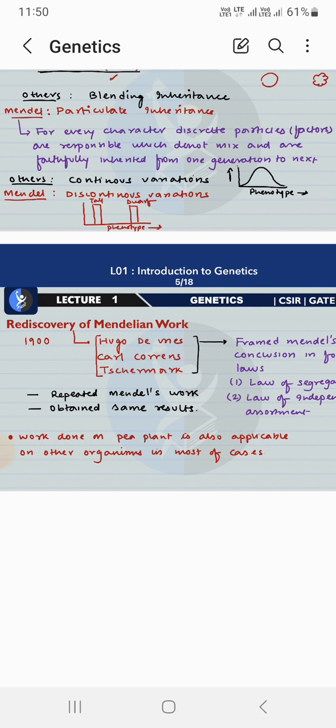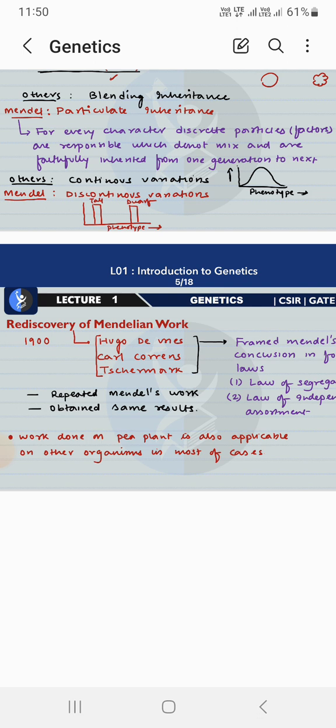Here you can see the graph of phenotype, which forms a bell-shaped curve, which is the continuous variation. There is so much variation, but Mendel said that the variation was discontinuous.